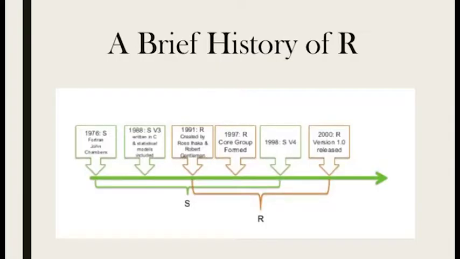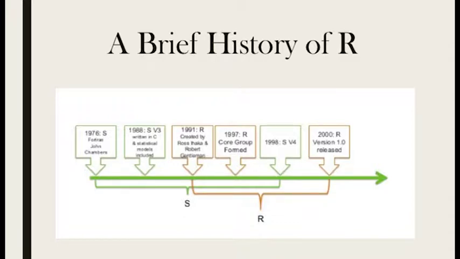Okay, so a brief history of R. R is a derivative program of the S programming language, which was developed in the mid-1970s. Then around 1991, a group of PhD students started to create R for a graduate level thesis, and they decided to make this open source statistical software package, and it essentially kept developing.